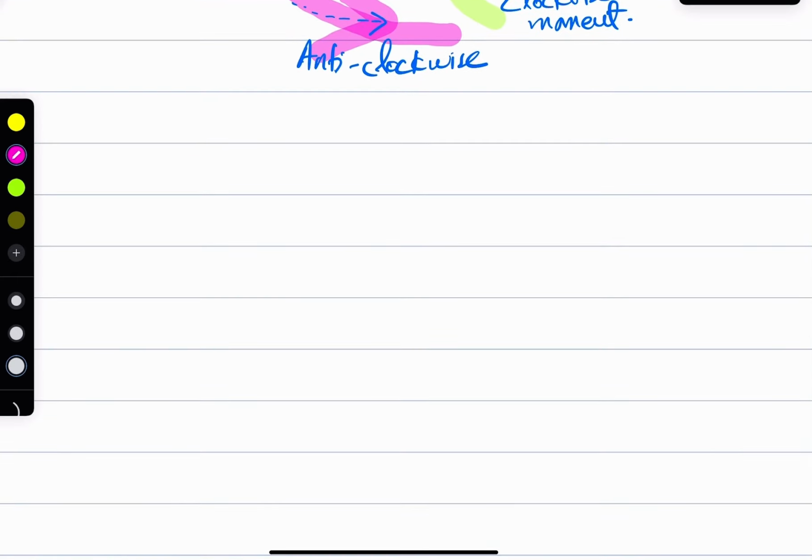Basically, you will have some scenario. Let's solve one question. Let's suppose we have a seesaw or a plank that is placed on some support. It is attached there, and this is the pivot point, and there is some weight attached with it.